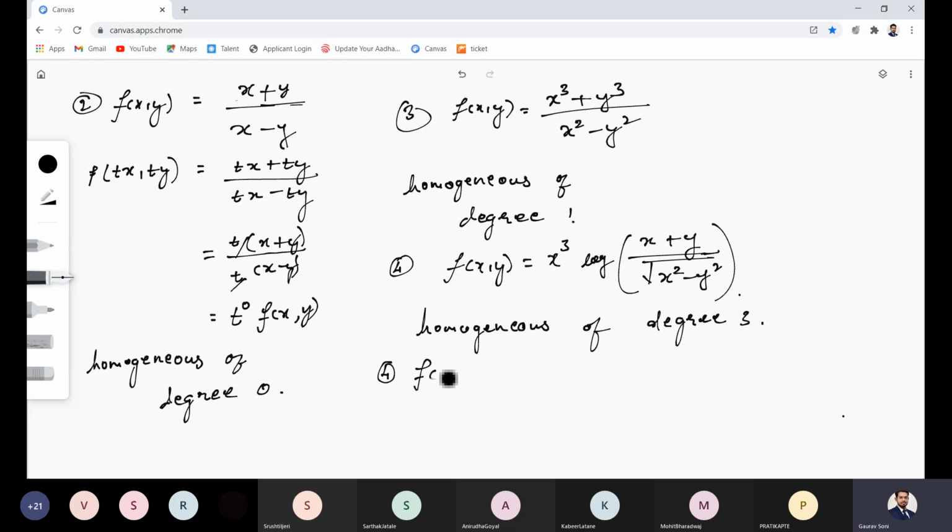The last one, f of x comma y is equal to sine inverse of x plus y upon x minus y. Indeterminate. So we cannot determine the degree of this equation.